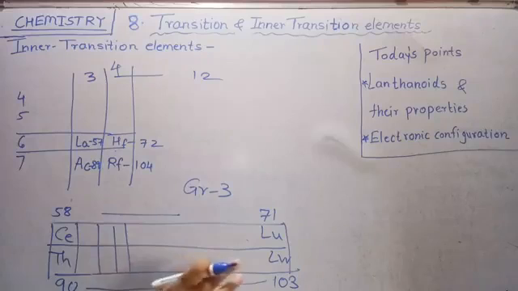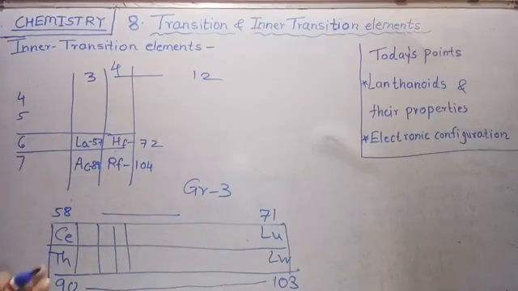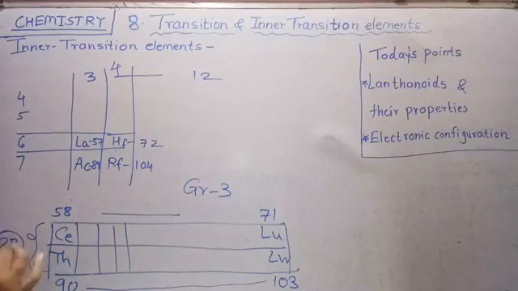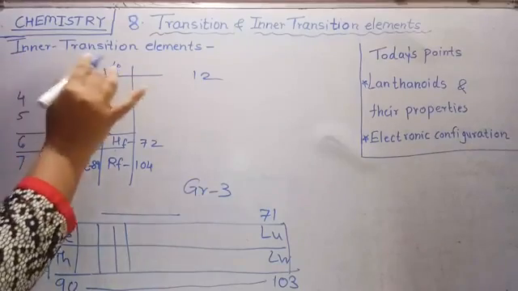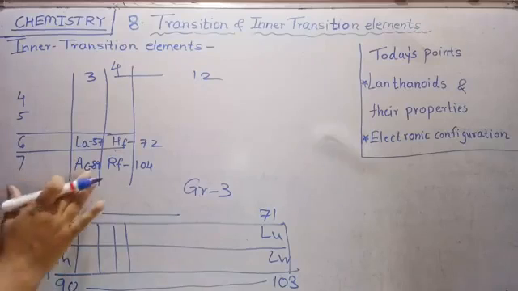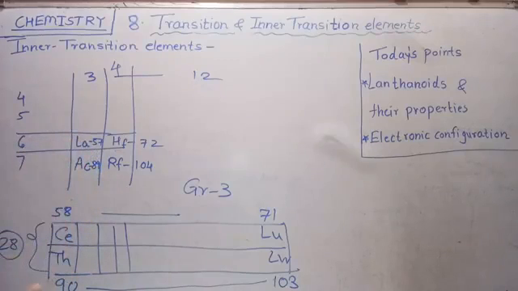There are a total of 14 elements, and this is the second series of inner transition elements. That means a total of 28 elements are present at the bottom in two series that are called the inner transition elements. They are placed inside the D block elements, inside the transition elements, so they are called inner transition elements.